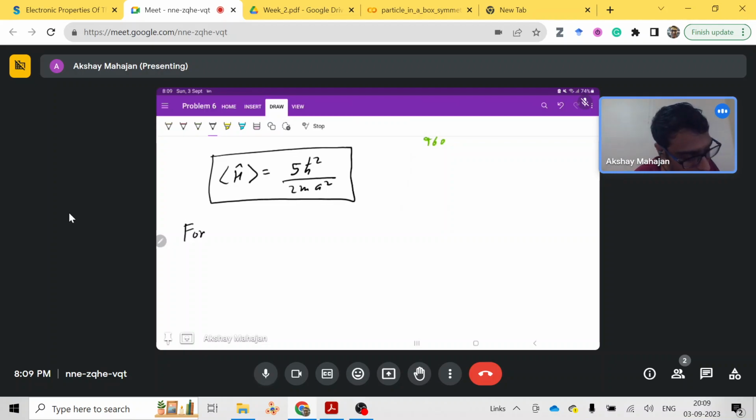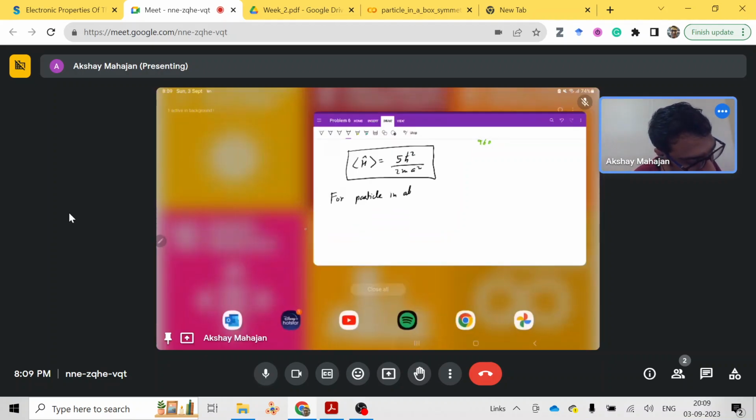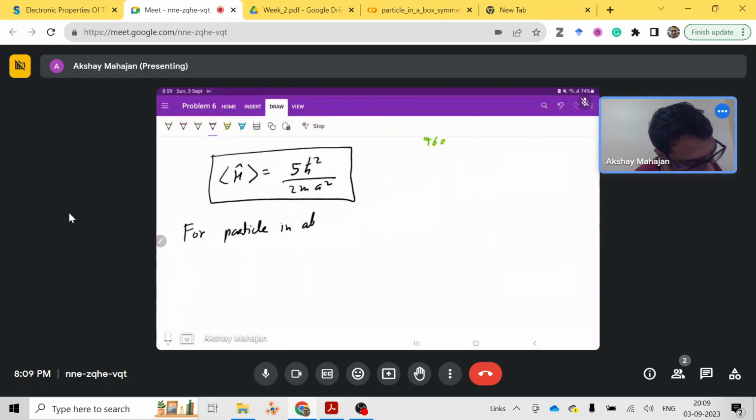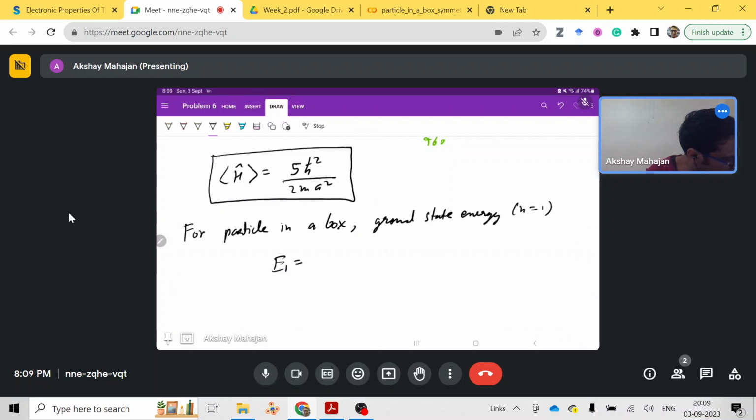Now for a particle in a box, let us just write it down. For a particle in a box, the ground state energy, for n equals 1, is given as E1 equals pi squared h-bar squared by 2 m a squared.